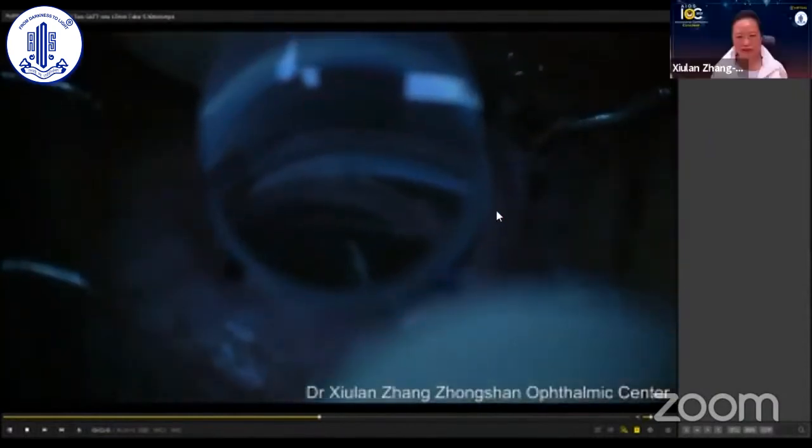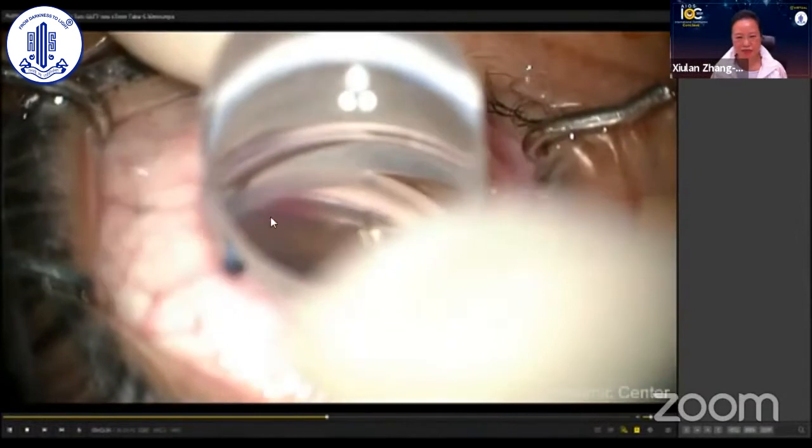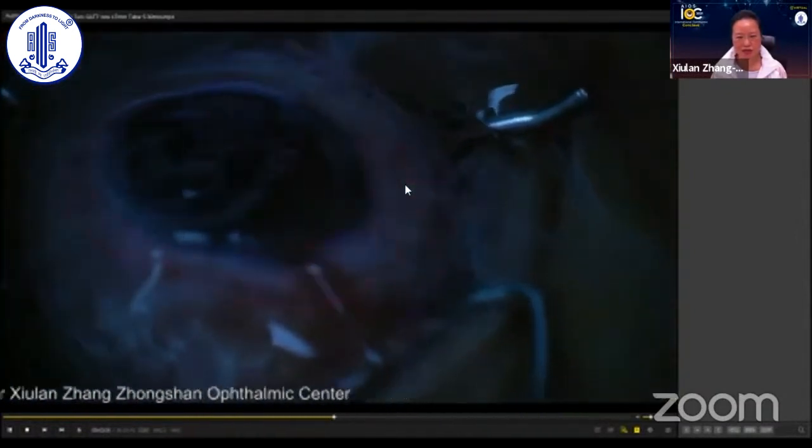See here, this is a 270, and then stop here and begin to hit resistance. Cannot move forward.